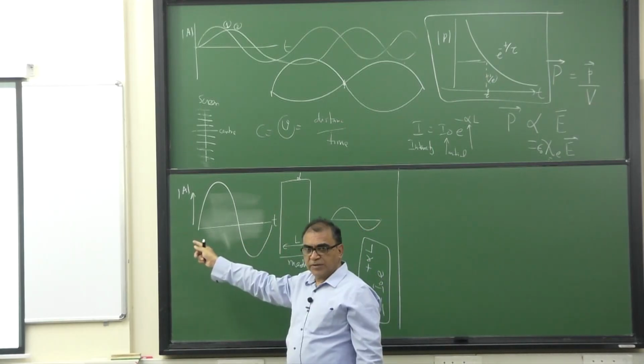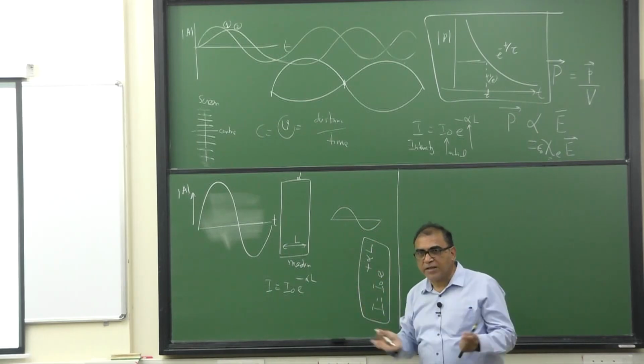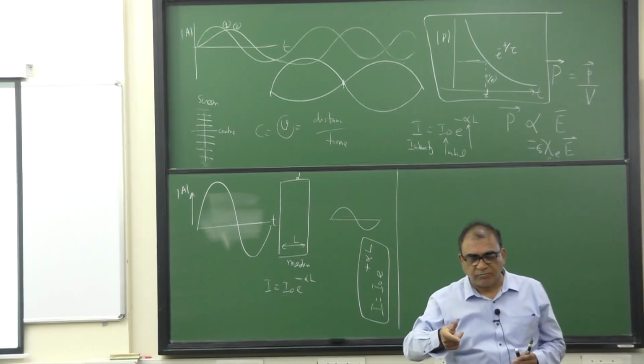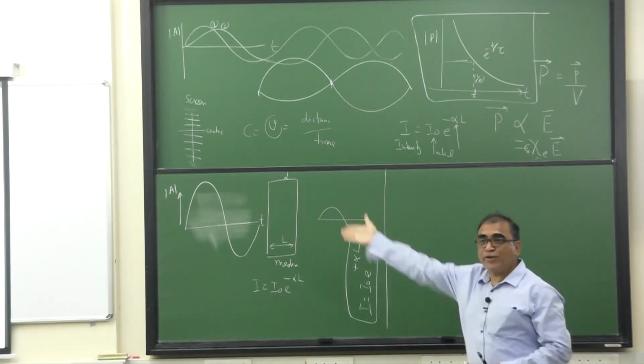So this was giving me loss. If I can somehow flip the sign of alpha, I start getting the amplification.